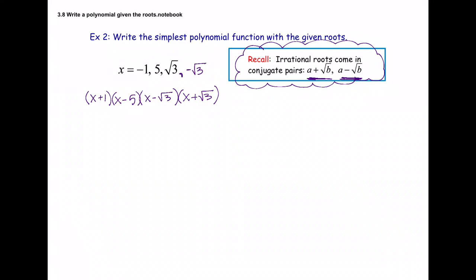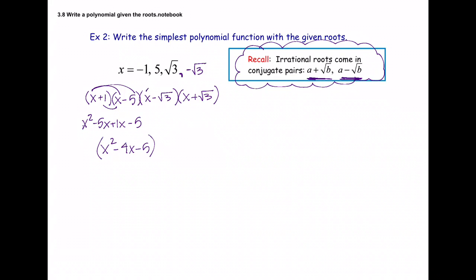I'm going to distribute my first 2 binomials together, so I get x squared minus 5x plus 1x minus 5. Combine my like terms, I get x squared minus 4x minus 5.